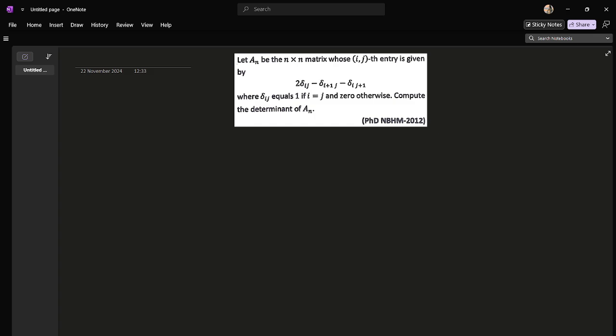So, the question is from linear algebra. Let A_n be an n cross n matrix whose ij-th entry, that means our A_ij, is equal to 2 delta_ij minus delta_{i+1,j} minus delta_{i,j+1}. Here delta_ij is known as the Kronecker delta function.